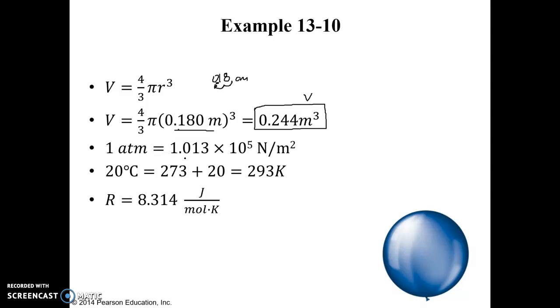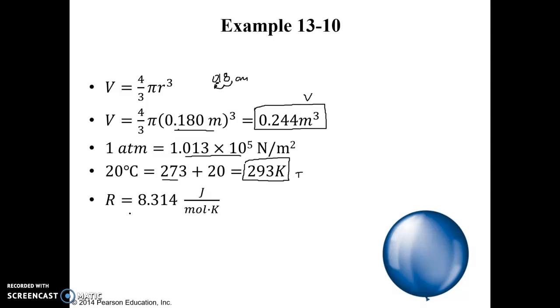I'll do this conversion on the next slide, but 1 atmosphere is equal to 1.013 times 10 to the 5th newtons per meter squared. And 20 degrees Celsius, that's our room temperature, but we need that in Kelvin, so we need to add 273 to it to get our temperature, 293 Kelvin.